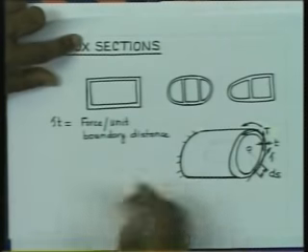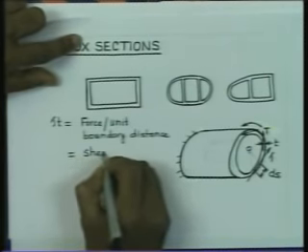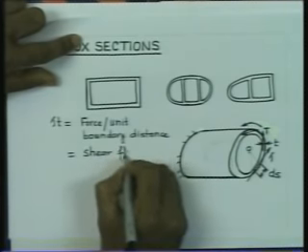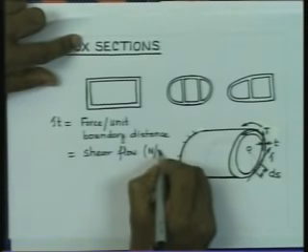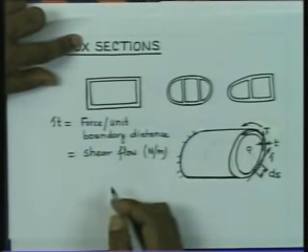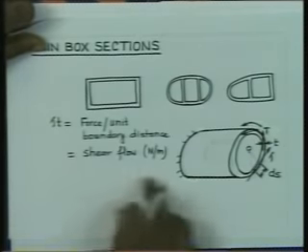This force per unit boundary distance is known as shear flow. So, its unit is Newton per meter. It is shear flow. We will see more meaning why it is called shear flow.